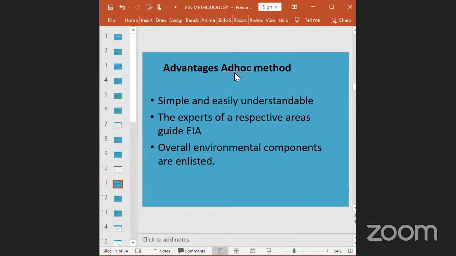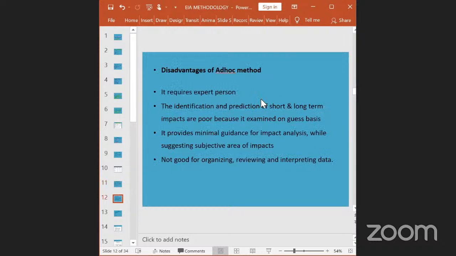And the advantages of the Adhoc method: it is simple and easily understandable, the experts of the respective areas guide the EIA, and overall environmental components are enlisted. Now the disadvantages of the Adhoc method: it requires an expert person, and the identification and prediction of short and long term impacts are poor because it is examined on a guess basis.